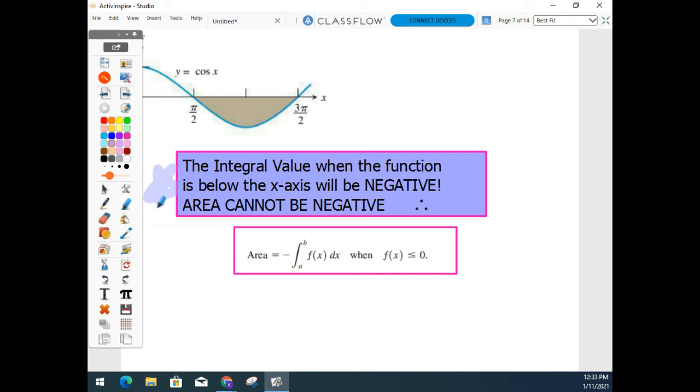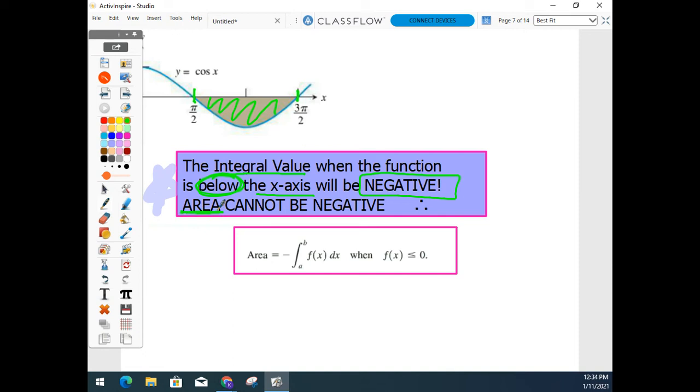So this is important here, the integral value, if the function is below the x-axis, will be negative. So if we're evaluating something that falls below, it's just going to be negative. Now, what's super, super important here, area itself cannot be negative.